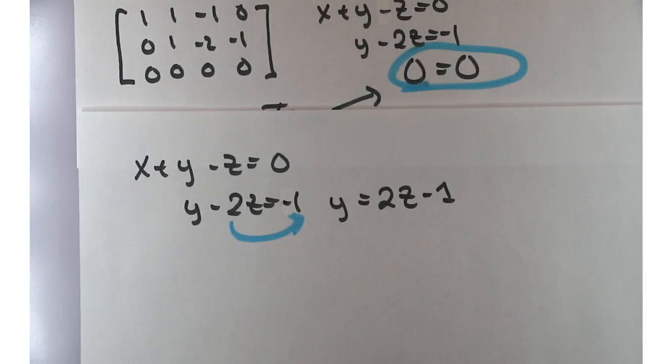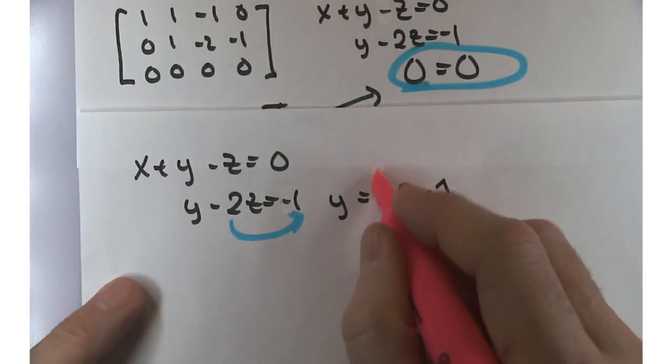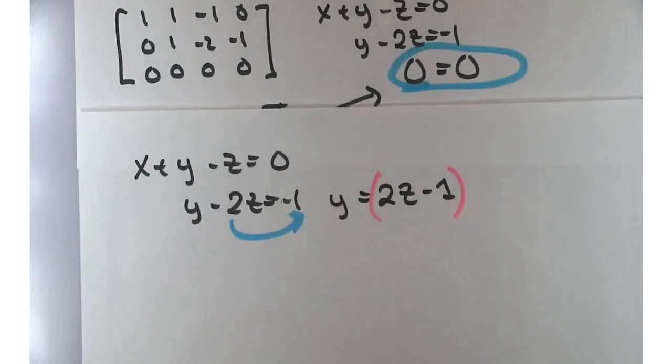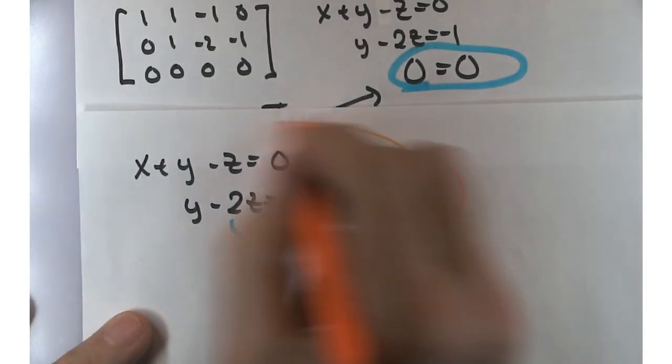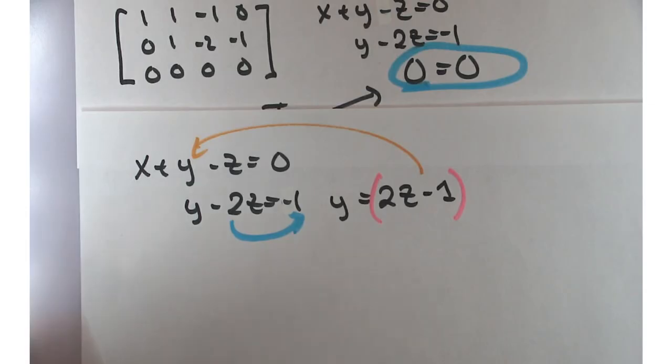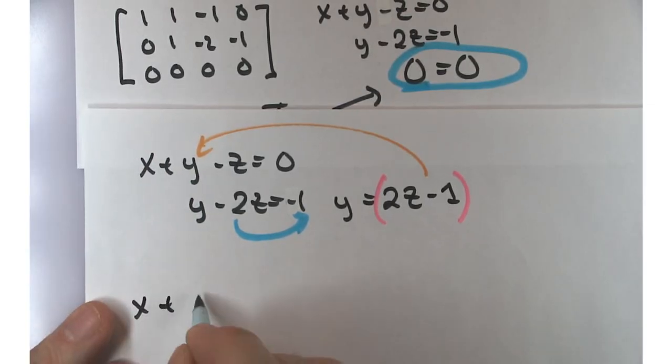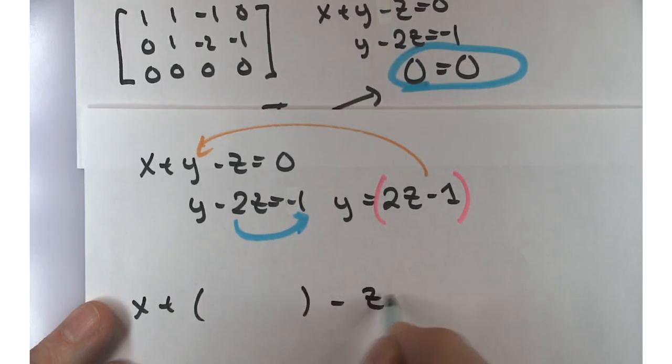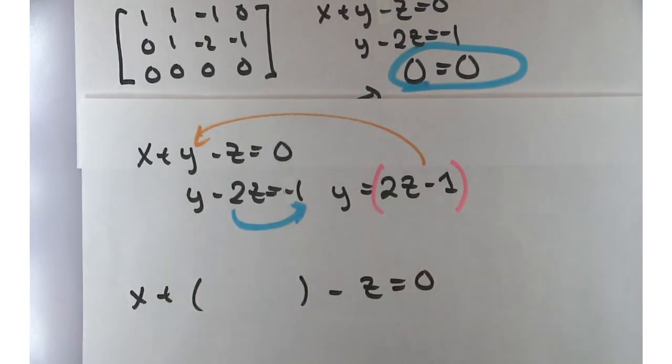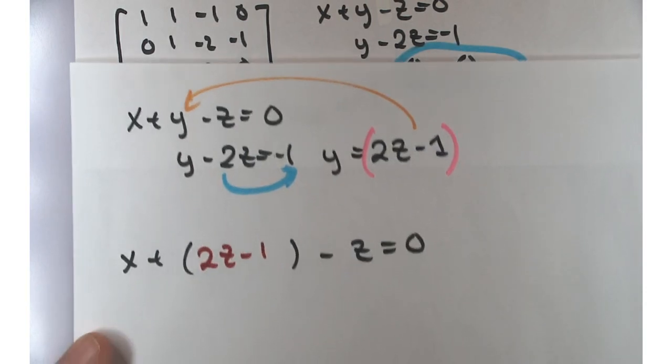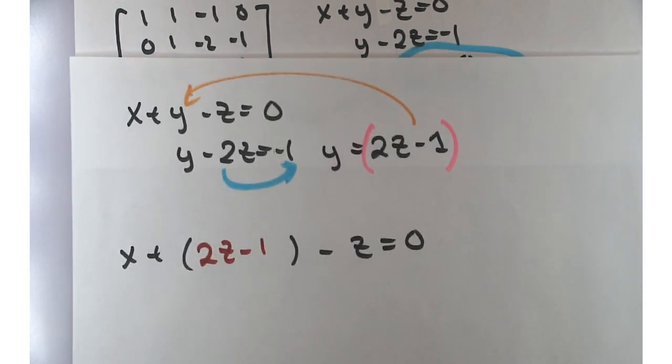Okay. If that's true, now that we know what y is, I can take that and plug it into the top equation up here. And then I'm going to solve for x. So it's going to be x plus this minus z equals 0. So let's plug that in. 2z minus 1. And solve for x.